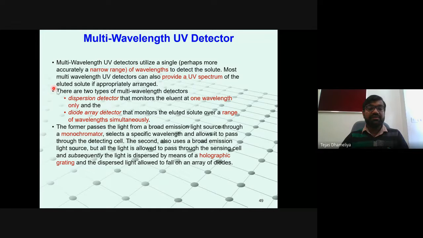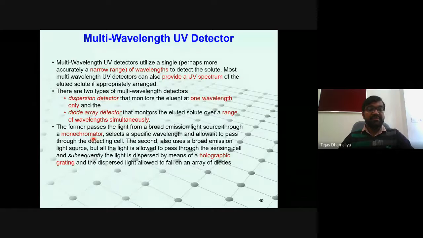A dispersive detector has only one wavelength at a time, but diode array detectors use a range of multiple wavelengths. Diode array detector, which is DAD: diode means two electrodes, and array means they are arranged in a sequence. So diodes are used for this purpose.